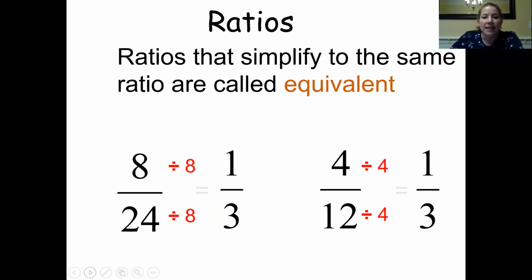All right, ratios that can simplify to the same ratio are called equivalent ratios. So if I said, are these two ratios equivalent? You can say, yes, they are, because if I simplified 2 to 12, I would get 1 to 6.